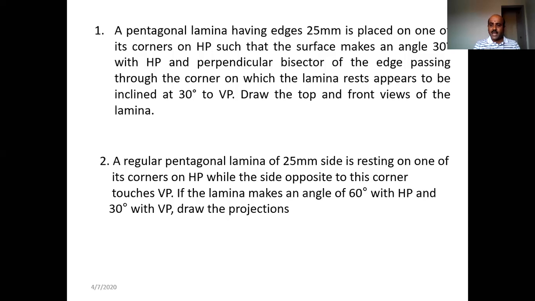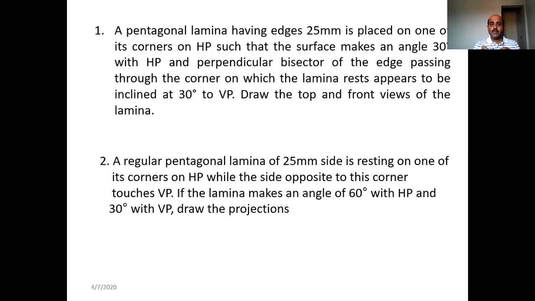You have to keep the lamina on the horizontal plane, or HP, such that it rests on the corner. In the final position, the pentagonal lamina should be resting on the corner. And he says the side opposite to this corner touches VP, so you have to satisfy this condition also.